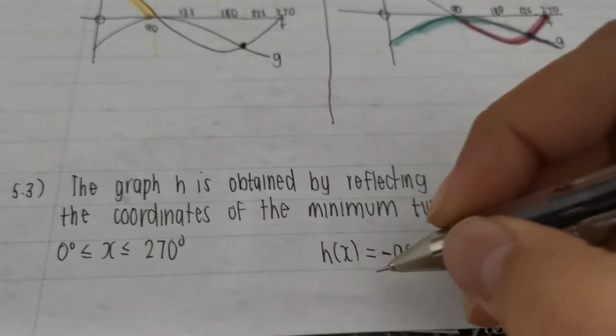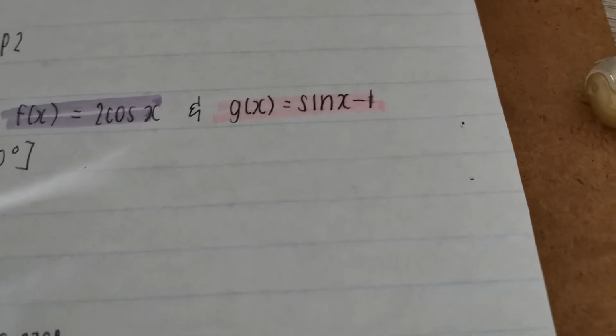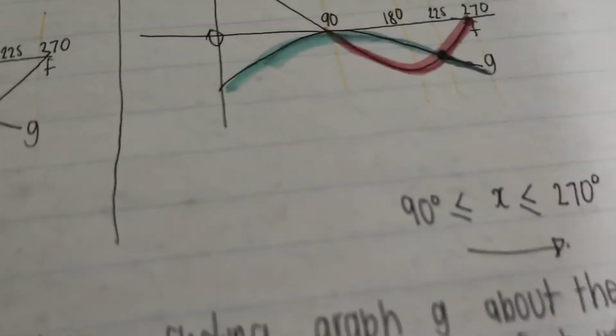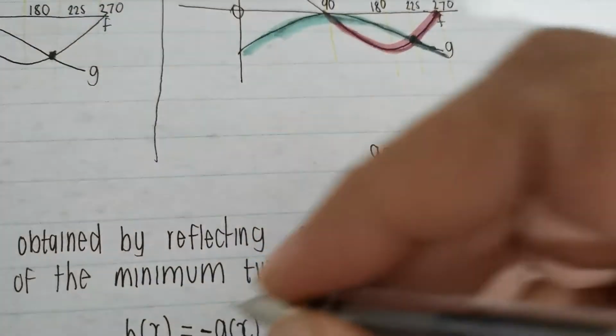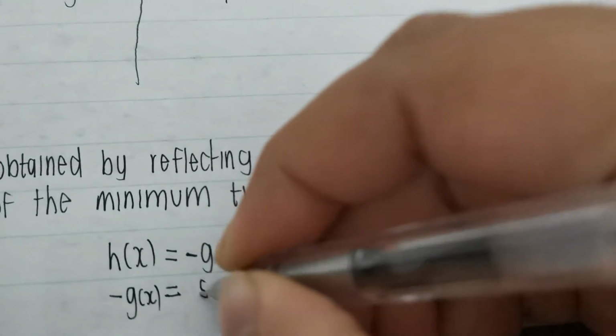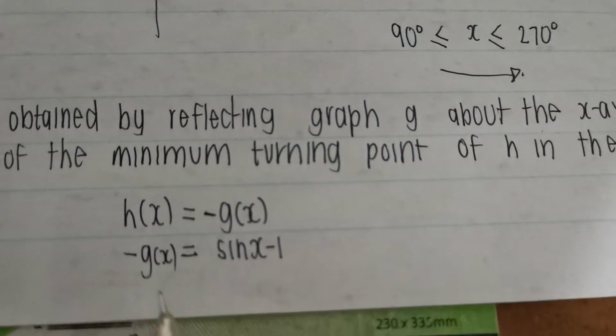right? Which is the same thing as, let's take our g of x, and we're changing all the signs of everything, right? So I want to write it down like this, and it's going to make more sense in a second. Negative g of x is the same thing as sine x minus 1. But I don't want the negative.